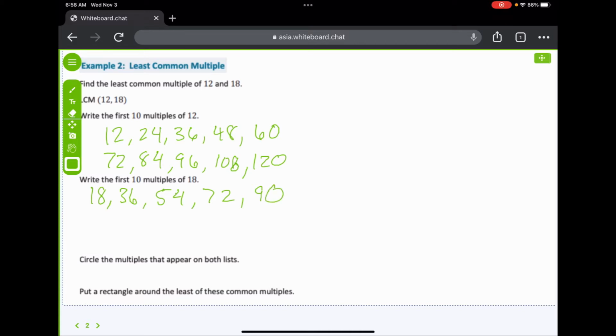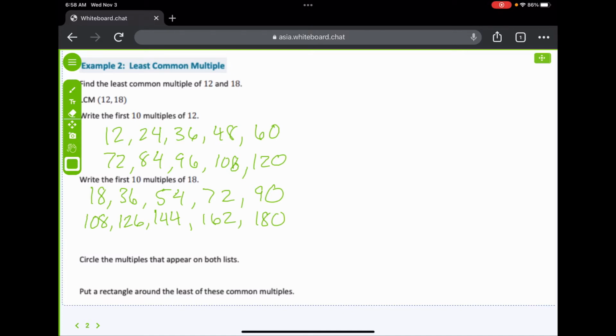Then I'm going to come back down here and keep going. The next one would be 108, 126, 144, 162, and then we would have 180.